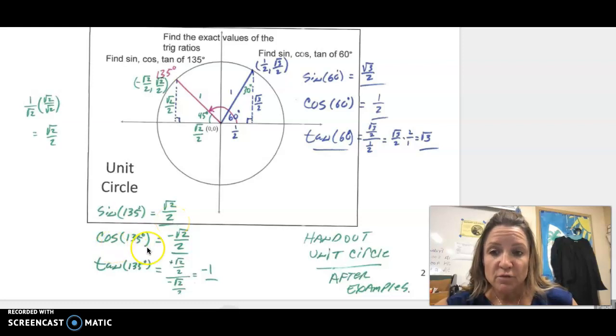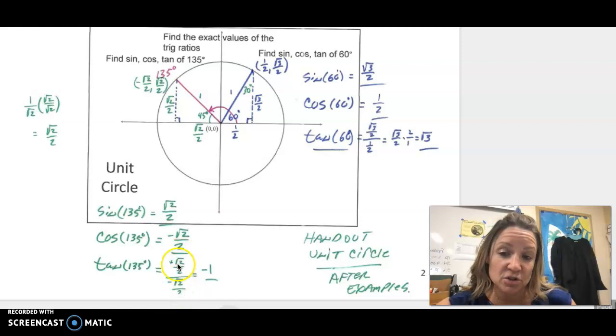And then the cosine for 135 degrees is going to be negative square root of 2 over 2. And the tangent of 135 is going to be square root of 2 over 2 over the negative square root of 2 over 2. So one's positive, one's negative, which simplifies to negative 1.